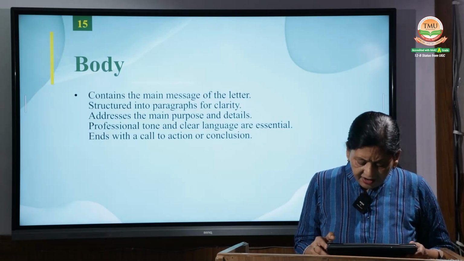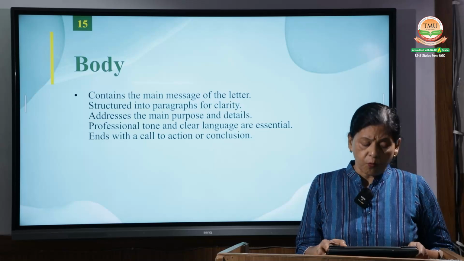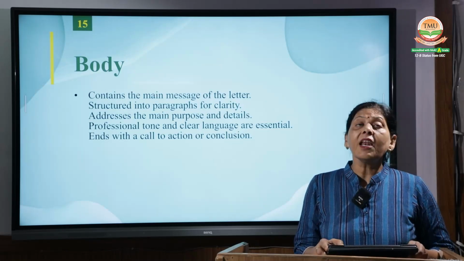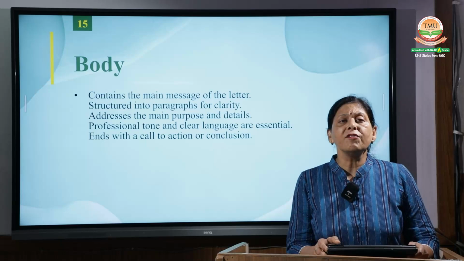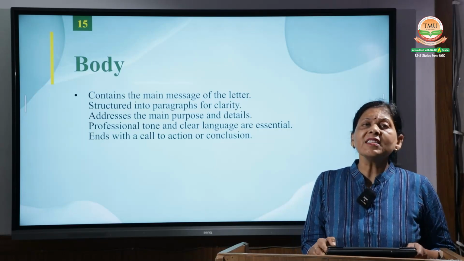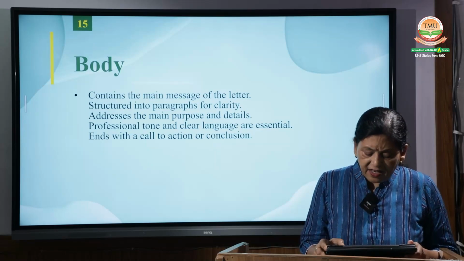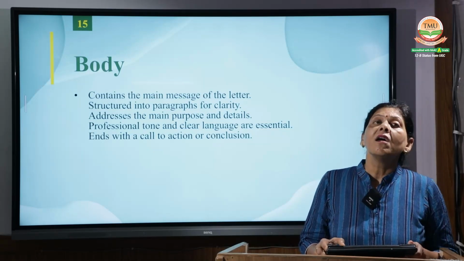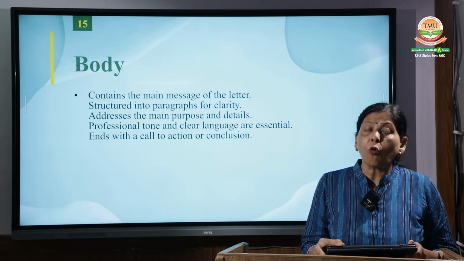It addresses the main purpose and the details of why the letter is written, in a professional tone and professional language, which is grammatically correct with no problems in sentence construction. Such language is expected in a formal letter. And the end of it will be a call for action.